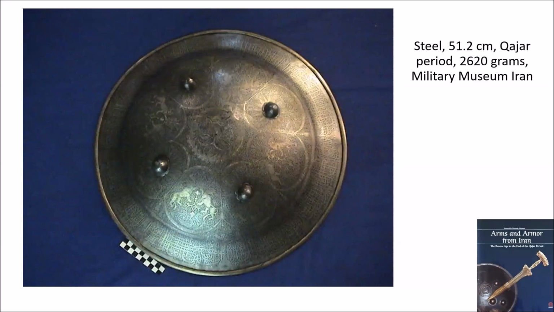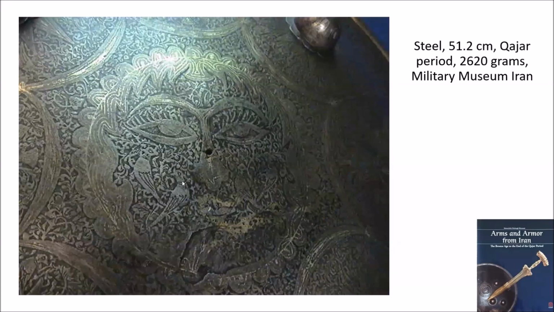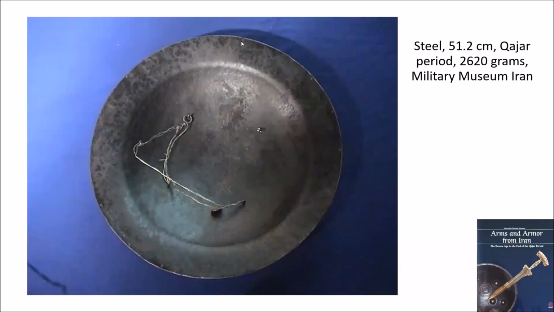Weighs 2,620 grams from Military Museum of Tehran in Sadabad complex. 51.2 centimeters is the diameter, and has 4 shield buckles. See this face of the sun. Look at the eyes, eyelashes, eyebrows, nose, mouth. This symbolizes the sun. You see that? And back of the shield, and it's missing its polished deck.